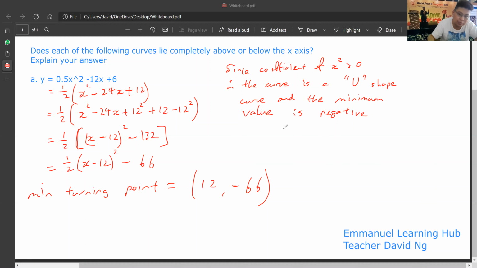So what does that mean? Hence, it means that the curve is completely below the x-axis.